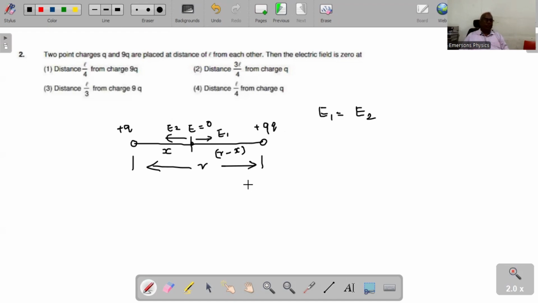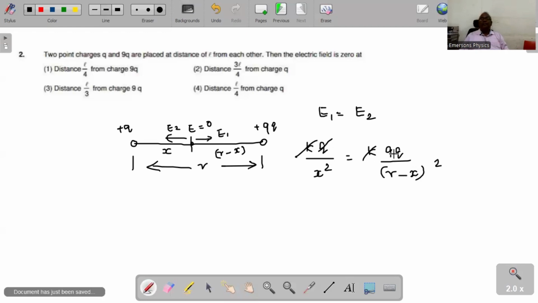Electric field due to a point charge: K Q by X squared equals K 9Q divided by R minus X the whole square. K gets cancelled, Q gets cancelled.